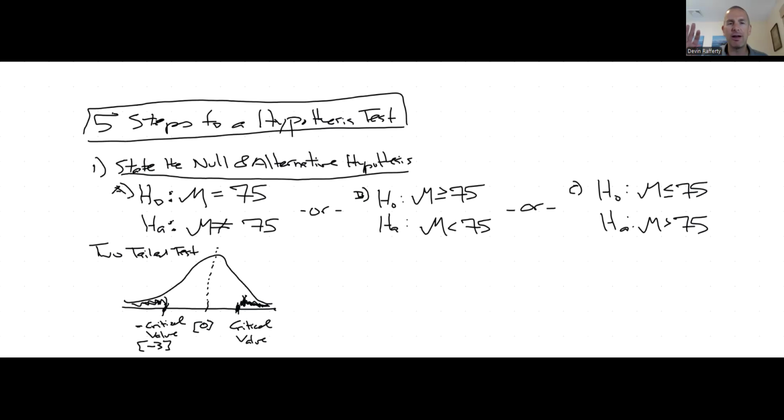So I'm plucking it out of thin air. But let's pretend we have a critical value of -3, and then a positive critical value of +3.